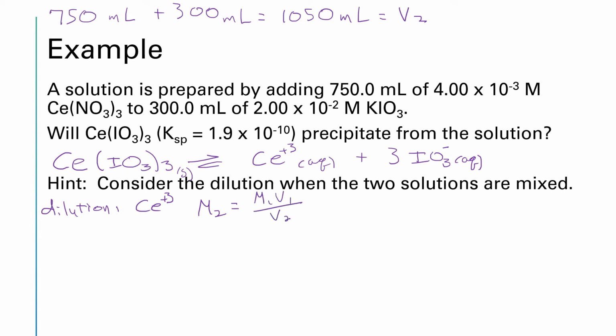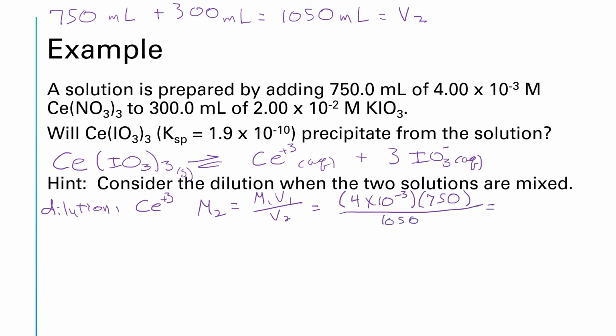Well, we already calculated V2 is 1050. The initial molarity of cerium is 4 times 10 to the minus 3. And its initial volume is 750 milliliters, and that's all going to be divided by 1050.